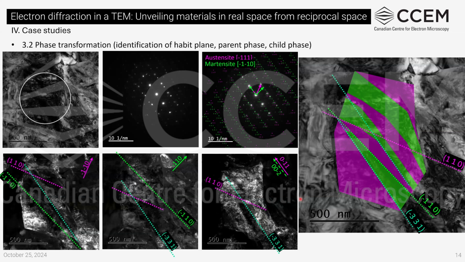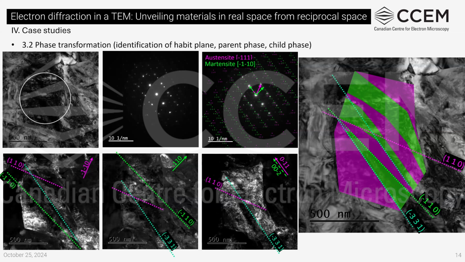Then we can use an imaging technique called dark field imaging to view where the different phases are located, so that we can reconstruct the grain. For example, here the magenta region inside the grain is nickel titanium austenite, and the green region is nickel titanium martensite.